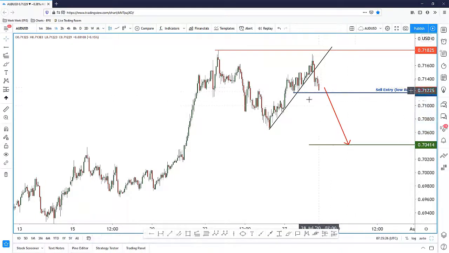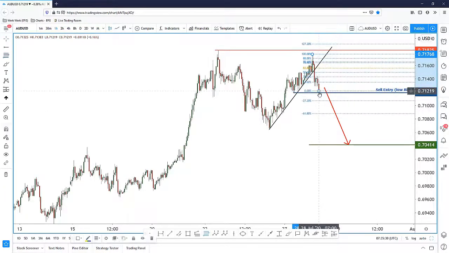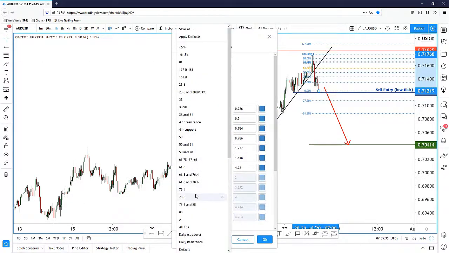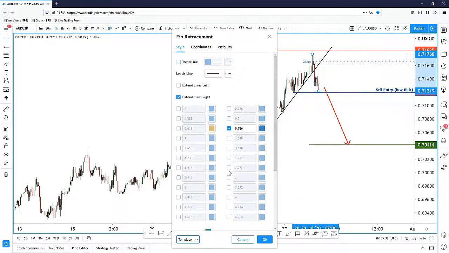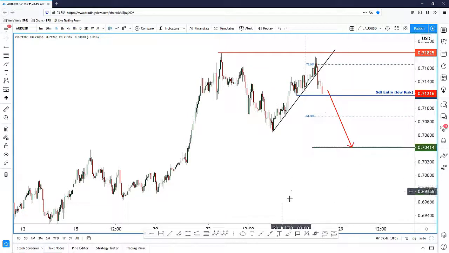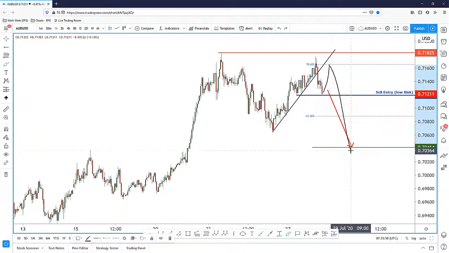Now, I'm waiting for price to pull back to get a nicer trade, probably pull back to 78.60, because that's where the trend line is. So 78.60, and I saw something earlier, negative 0.618. Waiting for a high risk entry will be waiting for price to pull back towards the trend line to test the trend line before coming down.